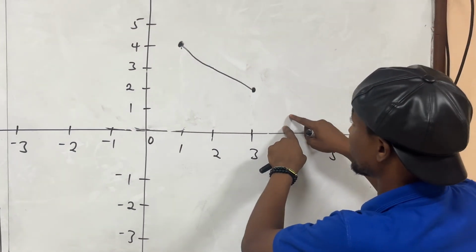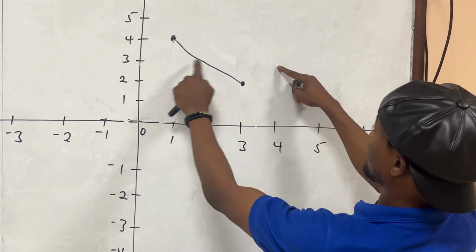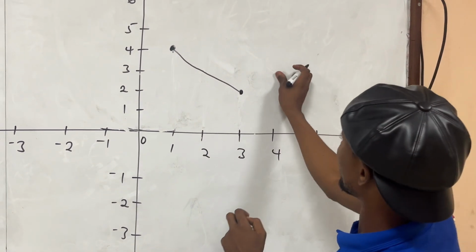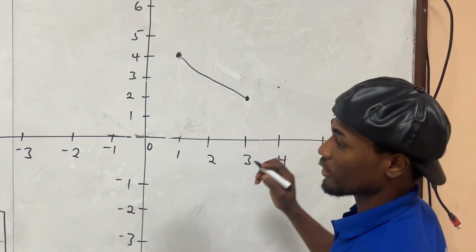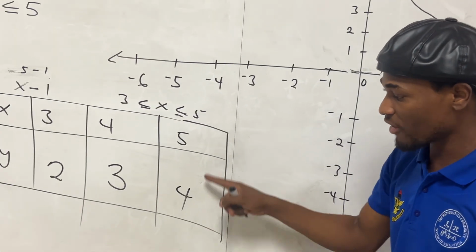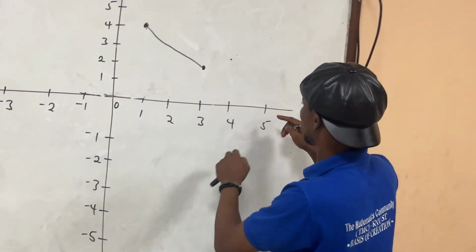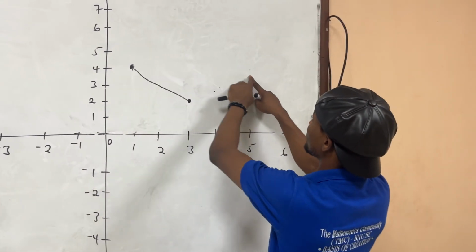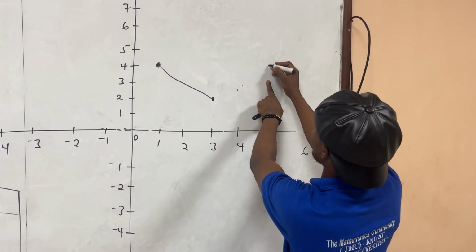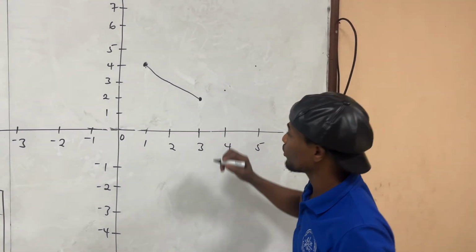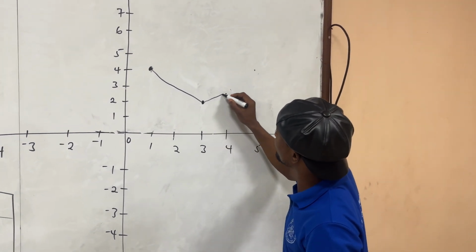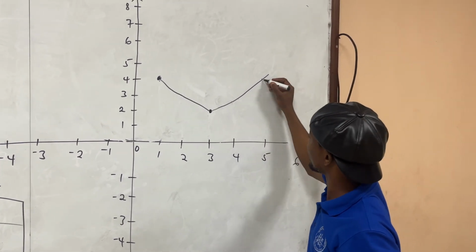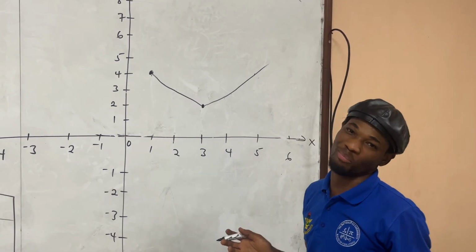Let me locate my 3. 3 is somewhere here. Then 5, 4. 5 is here, and 4 is somewhere here. Good. So I also draw a straight line to pass through these points, something like this. Okay, it's not drawn to scale. That's it. As simple as that.